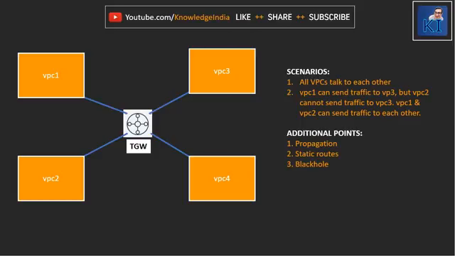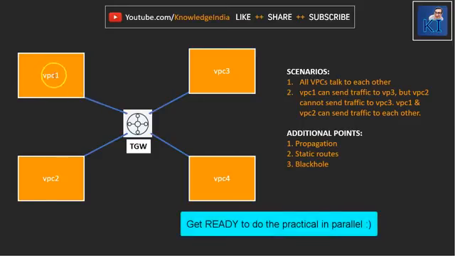Guys, while we do all the setup, one thing which is very important for you to understand and remember is that traffic flows in both the directions, right? So if traffic has to go from VPC1 to VPC3, the complete flow would be that a packet would go from VPC1 to transit gateway. It will then go to VPC3, fine, everything okay, and the response packet will come back and go to VPC1.